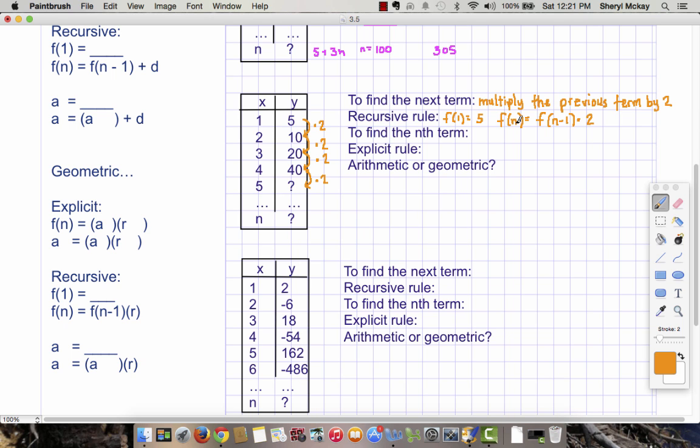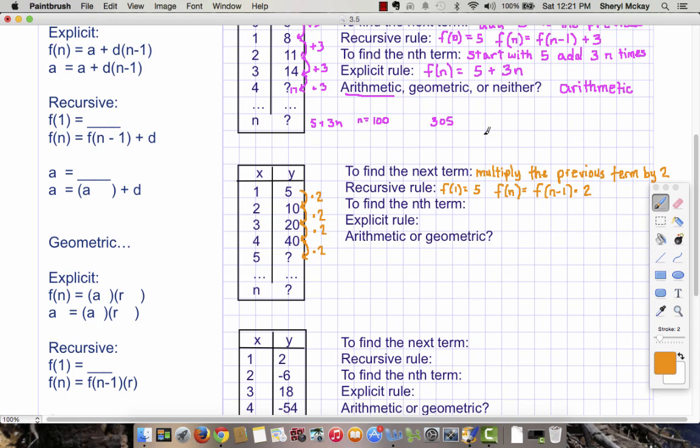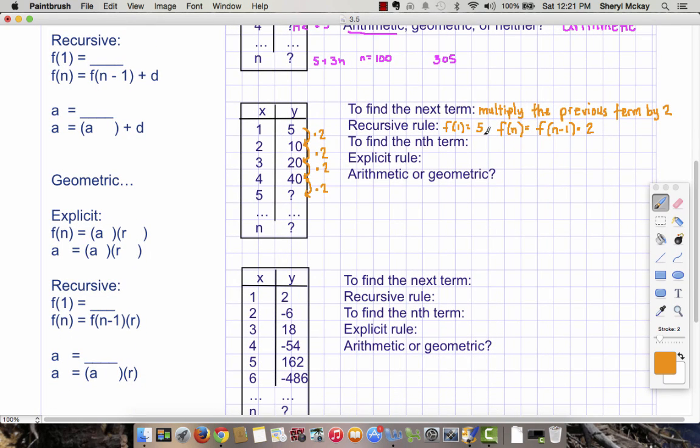So how do we find the term? Well, up here, when we were finding the term, we had to start with a number, so we're going to start with 5.